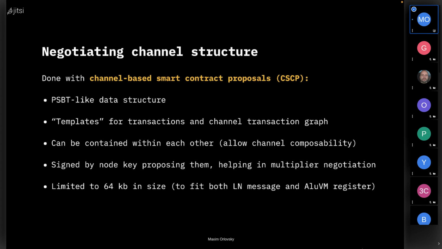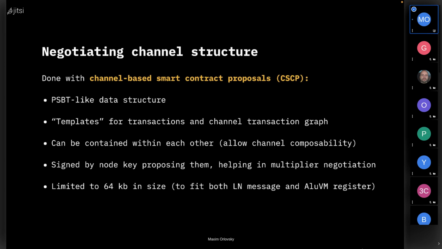And this structure is limited to 64 kilobytes in size, which is fine because, unlike the real transaction, in a Lightning channel you can have a transaction with thousands and thousands of outputs because of HTLCs. These are templates. So basically all these thousands of potential HTLC outputs are represented with a single output of template type, where HTLC goes.